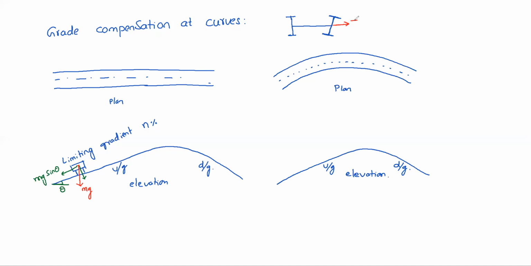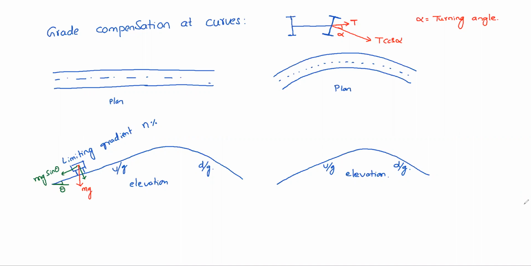So the tractive force T, the useful tractive force, is only the component here, T cos alpha, where alpha is the turning angle.